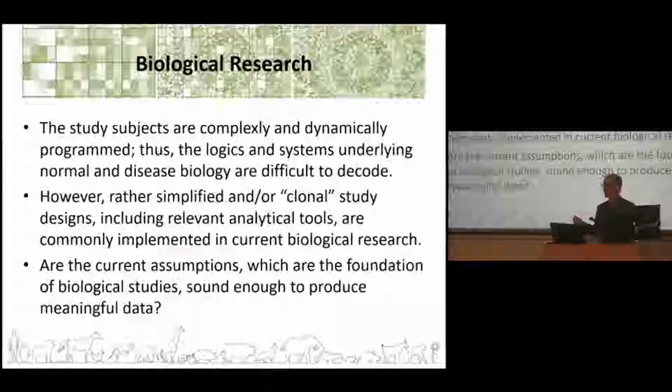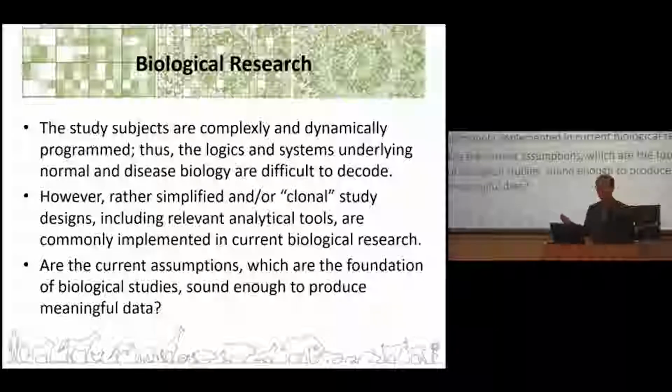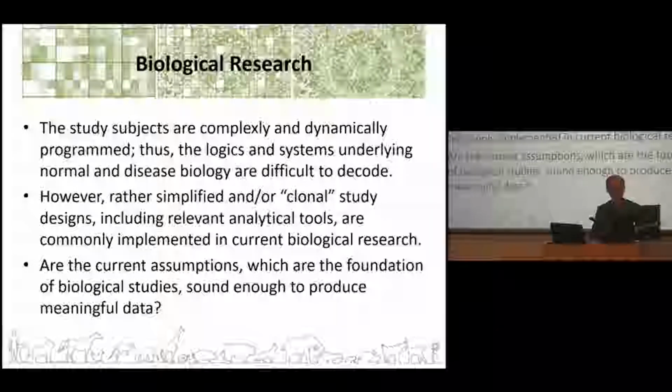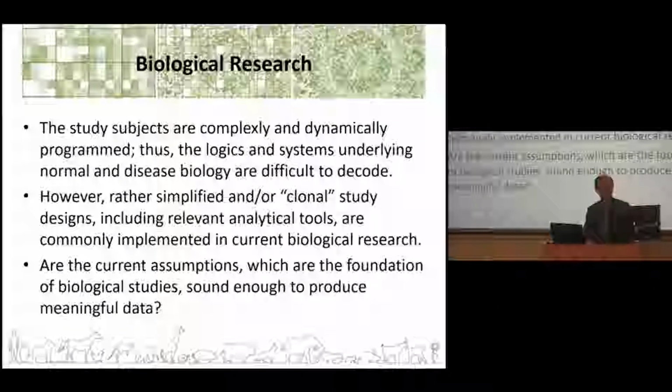So the study subjects, meaning humans, animals, and including plants, are really complex and dynamically programmed. Therefore, the logics and systems underlying the normal and disease biology of these humans, animals, and plants are not that easy to decode.